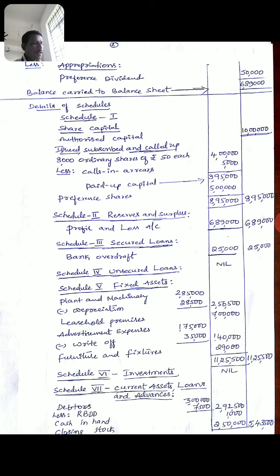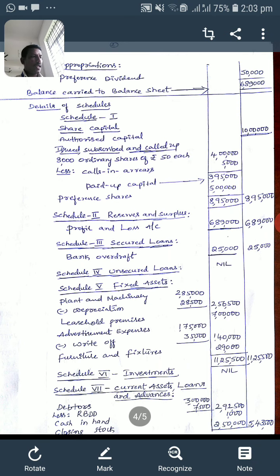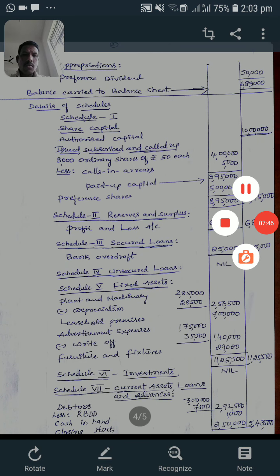For that you have to deduct, or less, appropriations. In the problem itself they have given preference dividend of rupees 50,000. So the balance is rupees 6,89,000. This is the balance carried to the balance sheet.